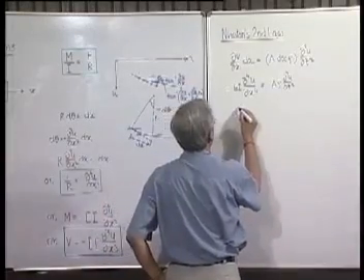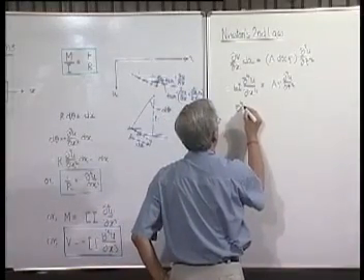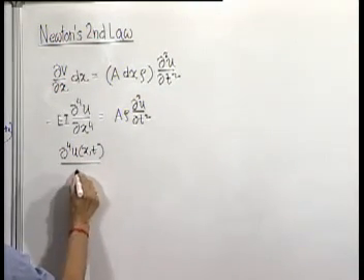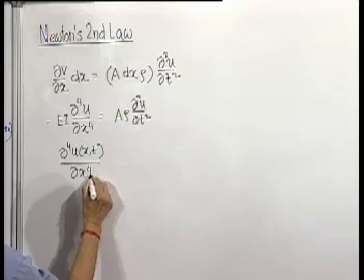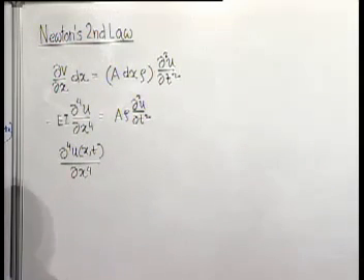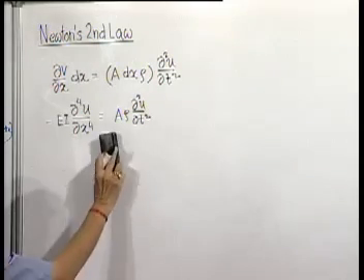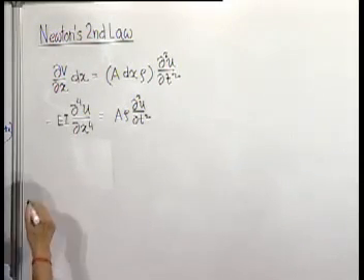So, the equation we get now is del 4u, which is a function of x and t, del x4, plus the inertia term, equal to zero.